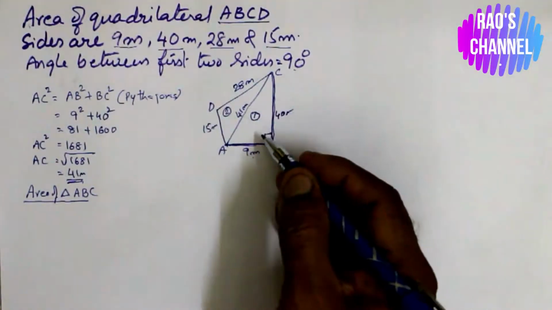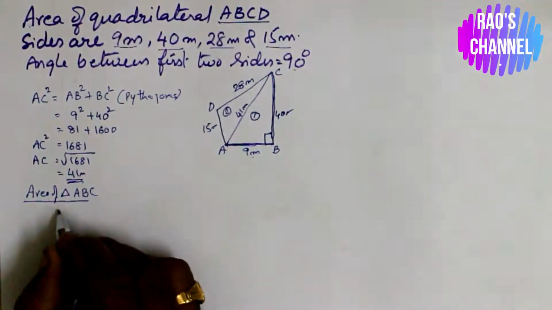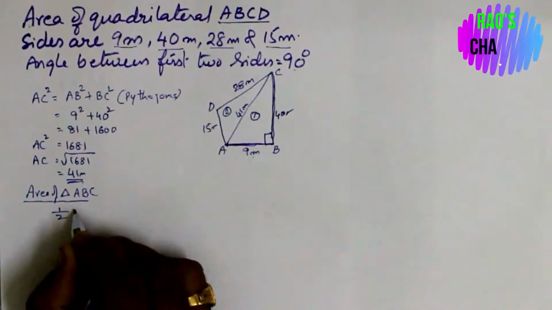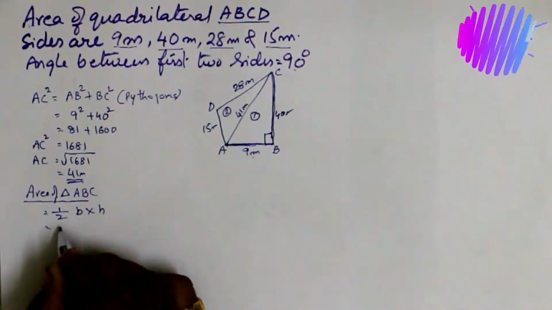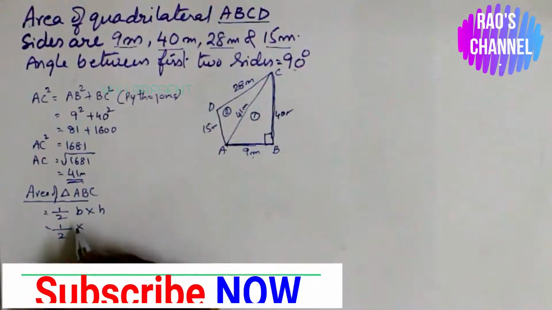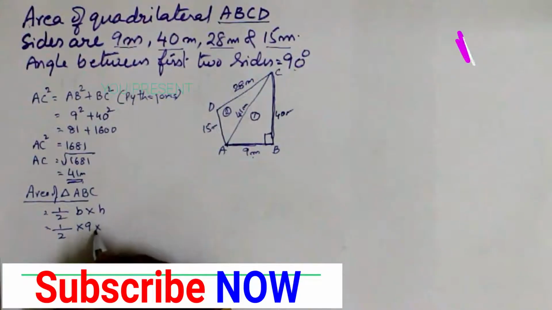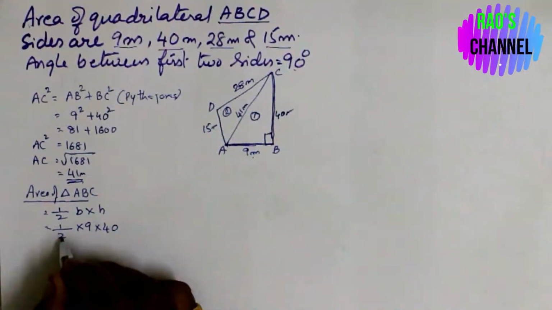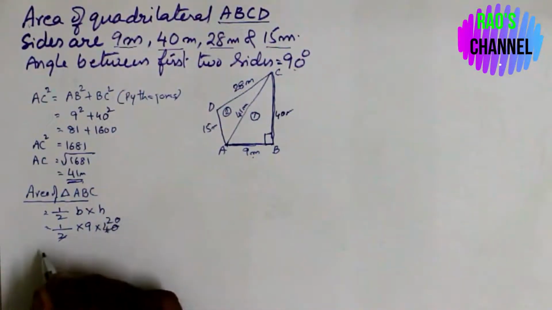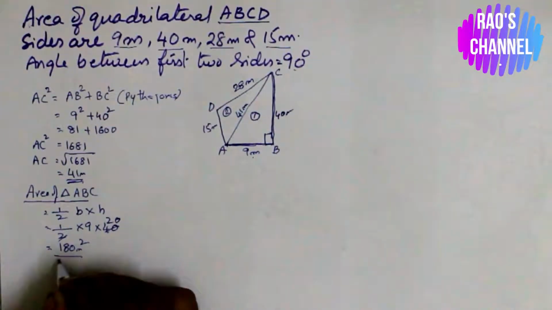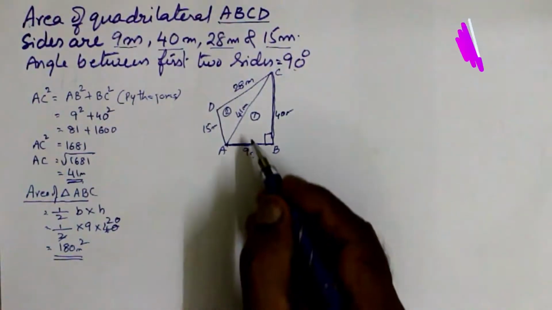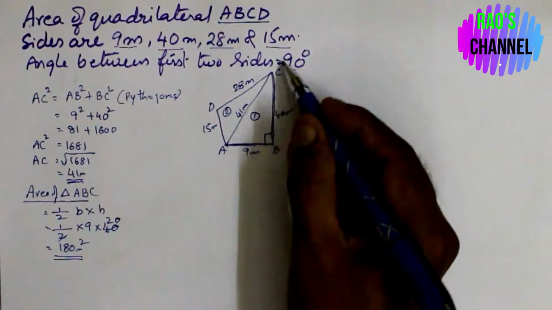We don't need the Heron formula here. So here I use half B into H. In this triangle, the base is 9, whereas the height is 40. So half times 9 times 40 gives 180 meter square. Clear? Now I find the area of the second triangle, that is ACD.